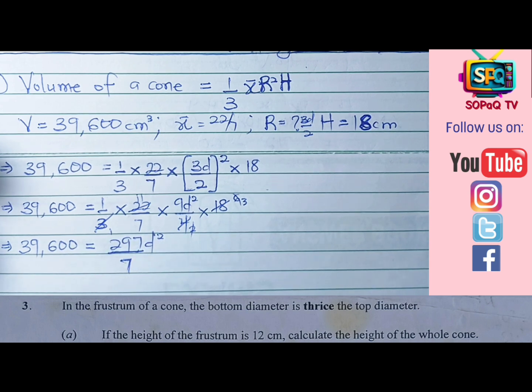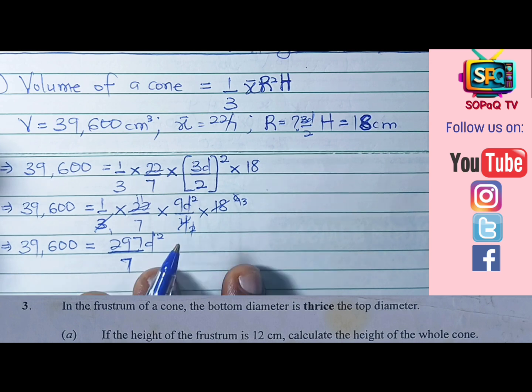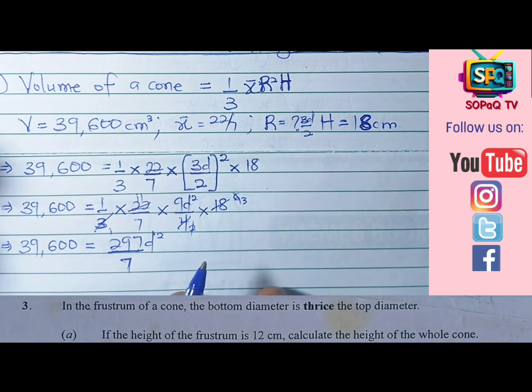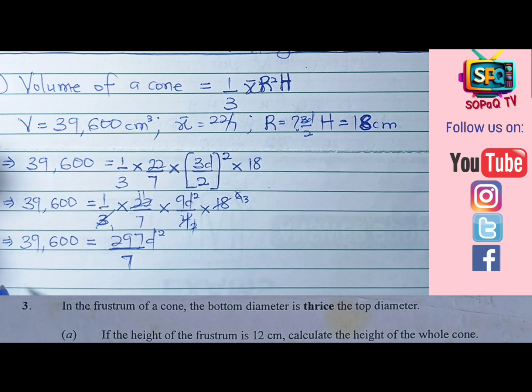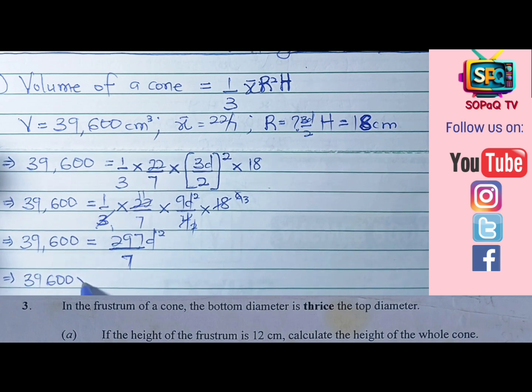So from here, we can cross multiply. And we will get 39,600 multiplying 7 equals 297d squared.